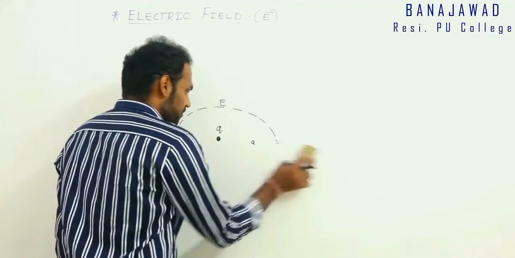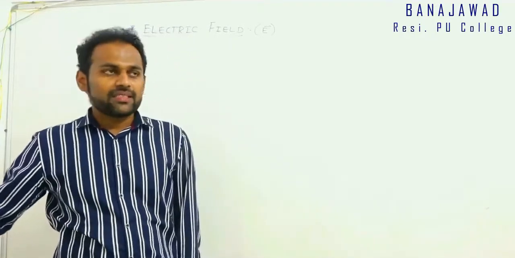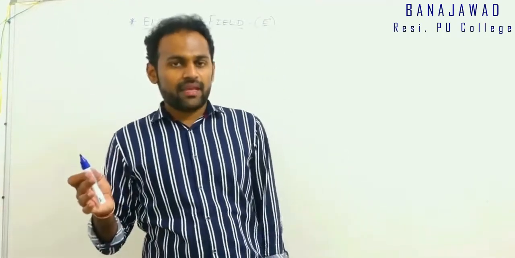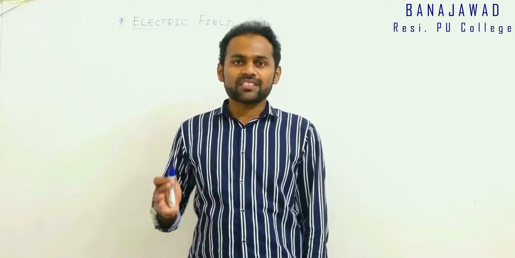Next step, we'll go for the mathematical expression for this electric field. How to define electric field mathematically? Electric field at a point is defined as the electrostatic force experienced per unit positive test charge placed at that point.